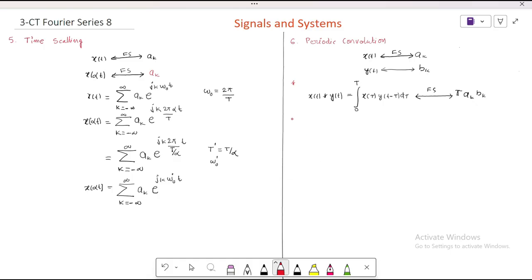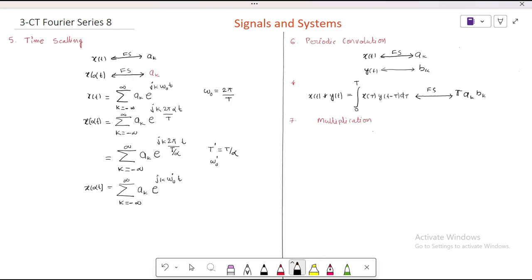Next, the seventh one is multiplication. Multiplication in the time domain corresponds to convolution in the frequency domain.